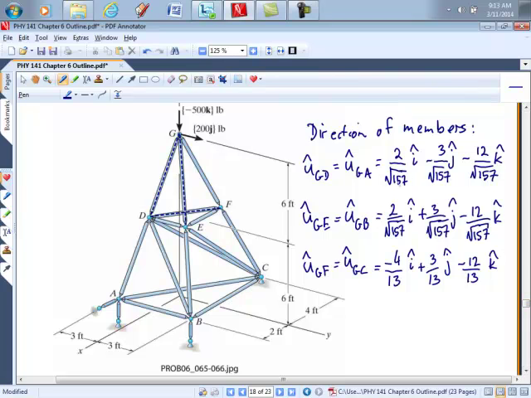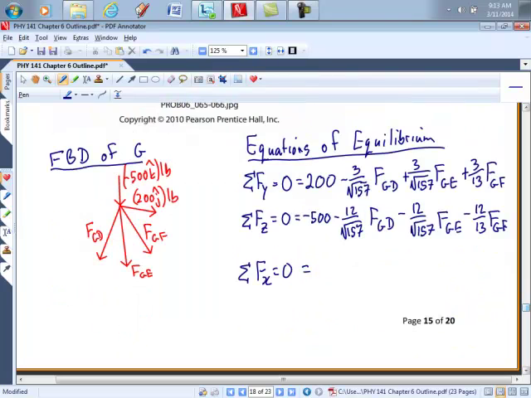So that's 2 over root 157 for the first two: 2 over root 157 FGD plus 2 over root 157 FGE minus 4 over 13 FGF.